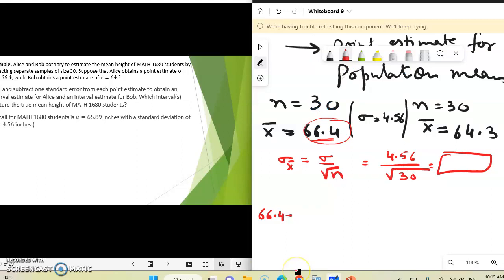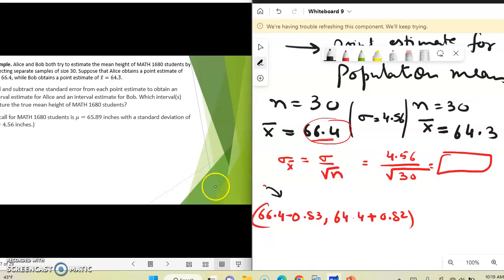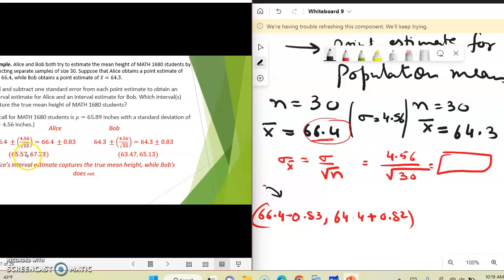So she subtracted 0.832 and she added this number to her sample mean too. So she got an interval, right? She's trying to guess that the population mean would lie somewhere in this interval. That interval is coming to be 65.57 to 67.23.